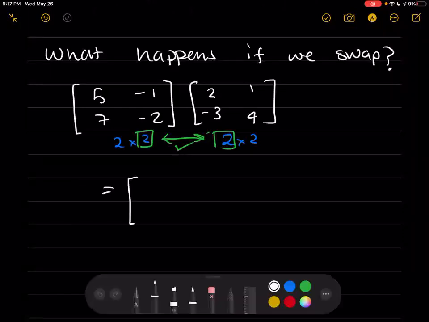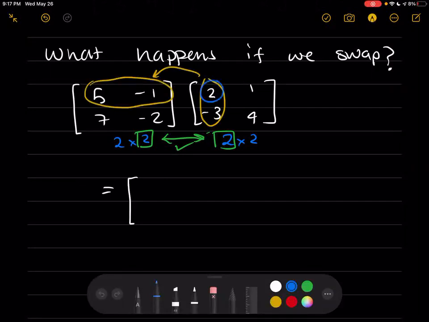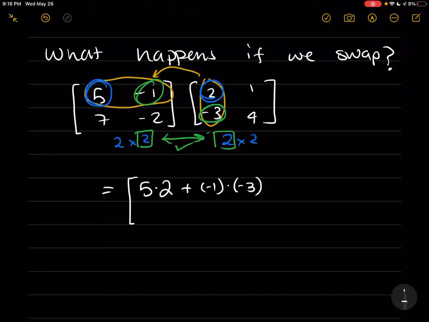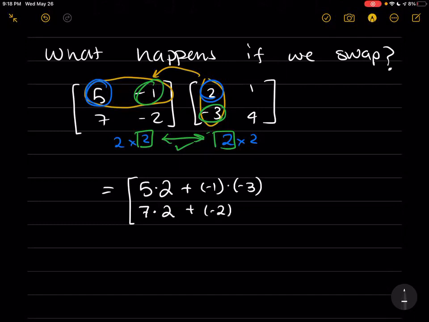So now we're looking at this column, and we're going to combine it with this row. First, we look at 2, and we multiply it by 5. And then we take -3, and we multiply it by -1. So that becomes 5 times 2 plus -1 times -3. And then if we do that same thing to the bottom row, we get 7 times 2 plus -2 times -3.